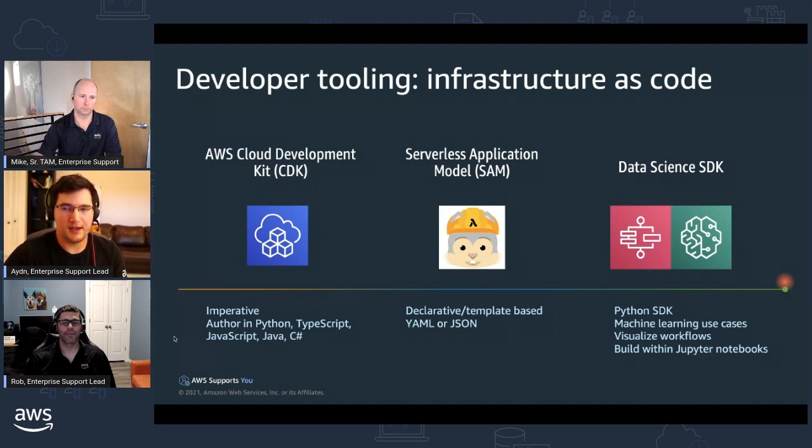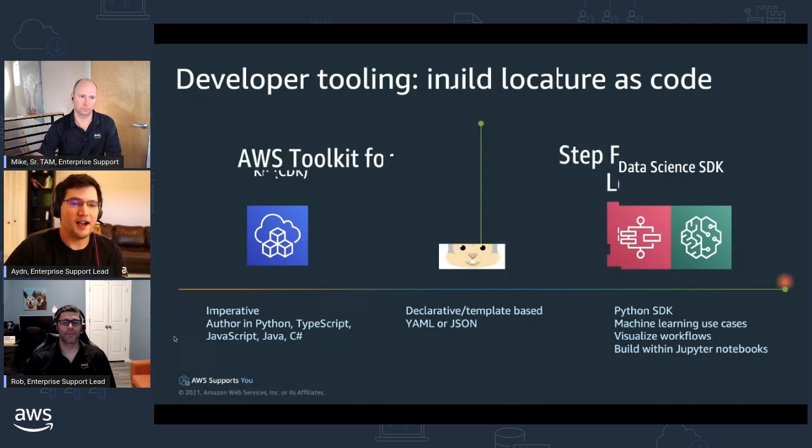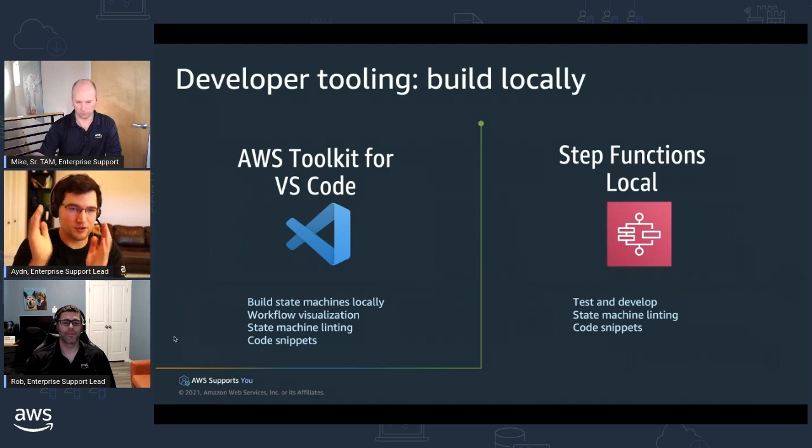And the next slide, building locally. The console's great, but a lot of people want to work directly in their IDE, and with direct plugins to Visual Studio Code, you can actually display the same diagrams there. So if you don't want to work in the console all the time, you have the options for local development as well. So just a few more callouts there to help you get started.